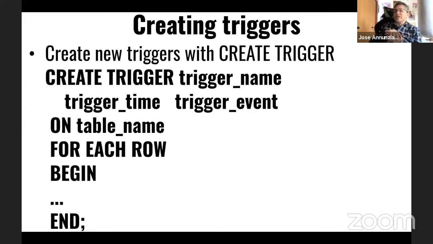So to create a trigger, we use the keyword create trigger. You give it the name of the trigger, and then you say when it should happen, what event should happen, and on which table. You can say that you want this to happen for every record that is being updated, or you can say it by table.